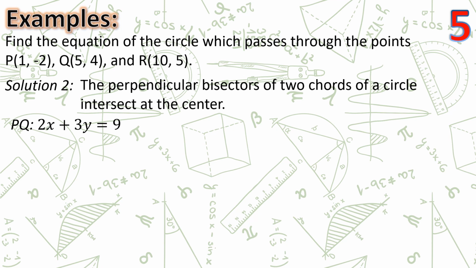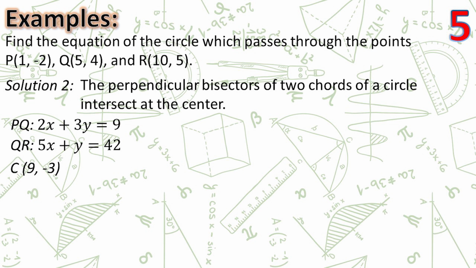Next, let us get the perpendicular bisector of the segment QR. That will be 5x plus y equals 42. Solving these two equations simultaneously, we get x equals 9 and y equals negative 3. Therefore, the center of the circle is at 9, negative 3.